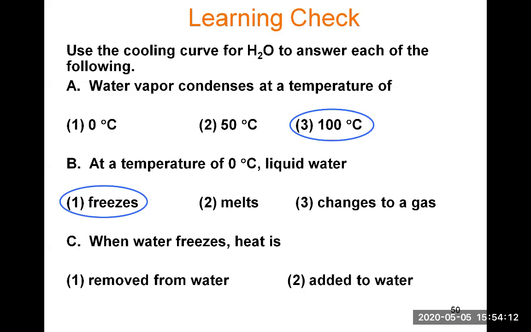So when water freezes, is heat removed from water or added to water? The phase change is called freezing. Freezing goes from a liquid state to a solid state. Liquid is less organized than the solid.